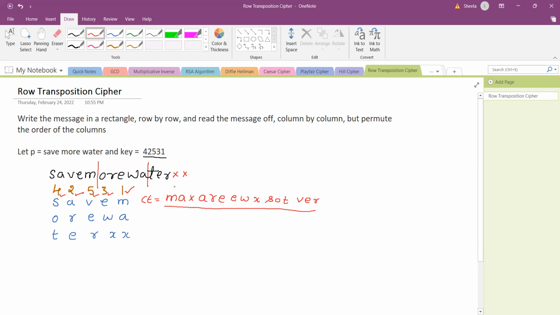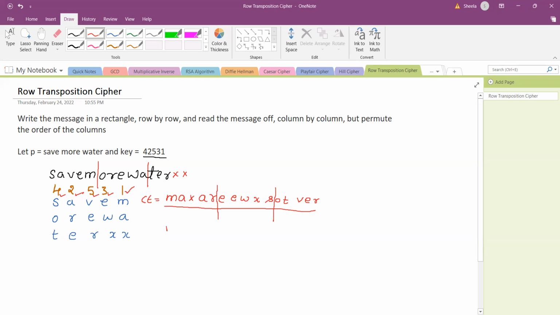If I want to repeat more times, then by the same method, again divide the message equal to the length, that is the number of columns mentioned in the key, and write row by row.